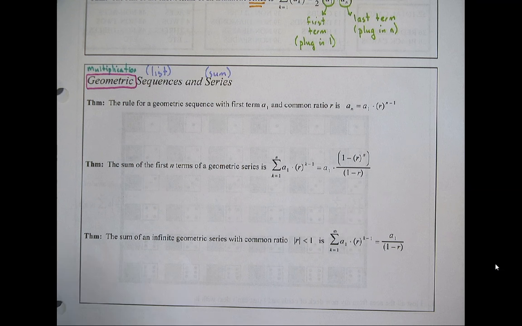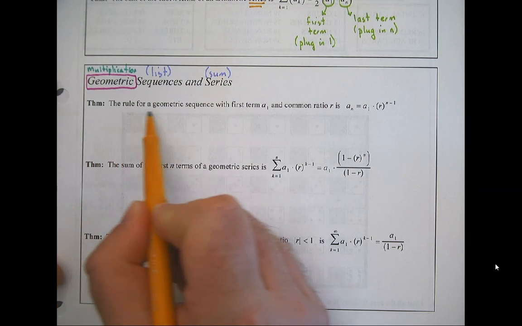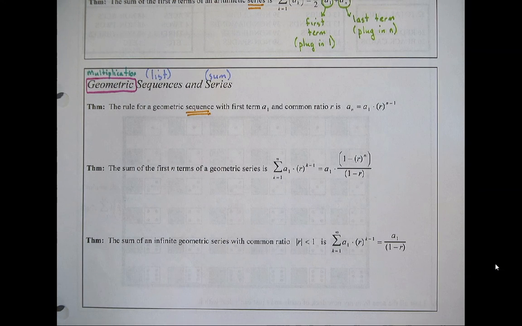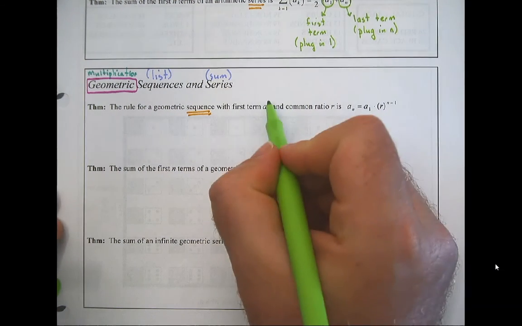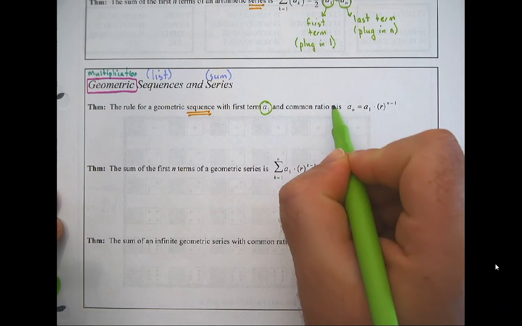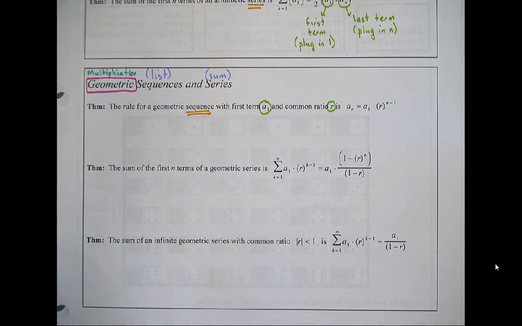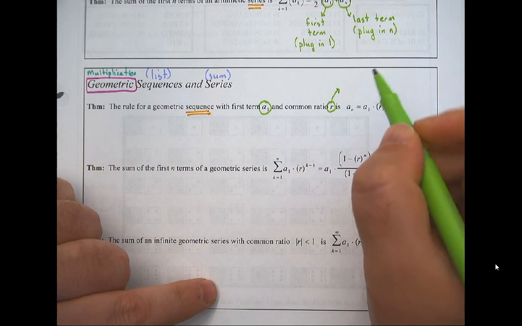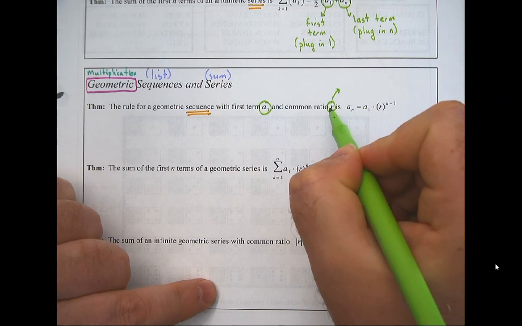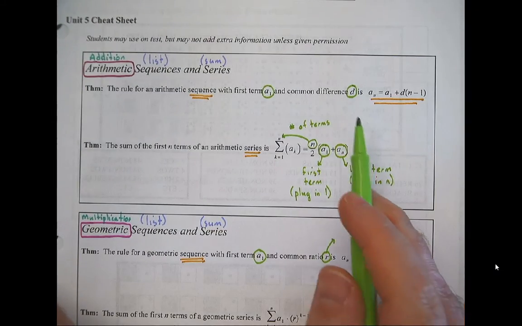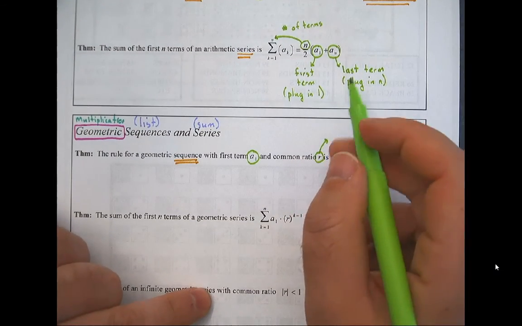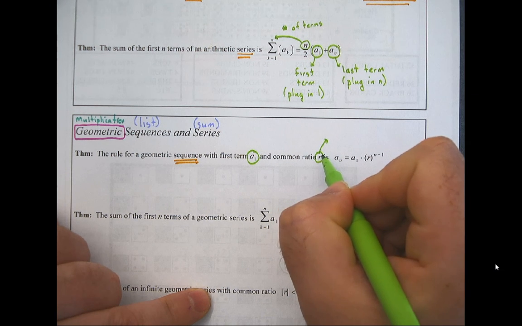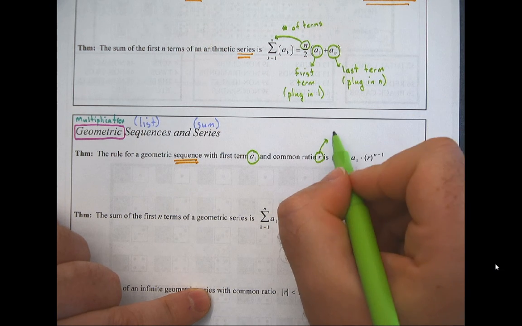So our first theorem, the rule for a geometric sequence, so that's what we're trying to define, is based on what things we need to know. We need to know the first term, and we need to know the common ratio. I am going to let you leave a little note here on how to find the common ratio. The common ratio is not as easy to find as in arithmetic. In arithmetic, you can just look and tell how it's moving. It's not quite so easy in the world of geometrics because you might have fractional ratios.